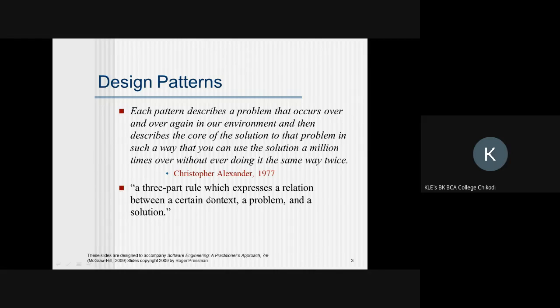A three-part rule, a rule which expresses a relation between a certain context, problem, and solution. Here they have given three parts: context, problem, and solution. If you want to improve the efficiency of a design, first we need to search for an existing solution.